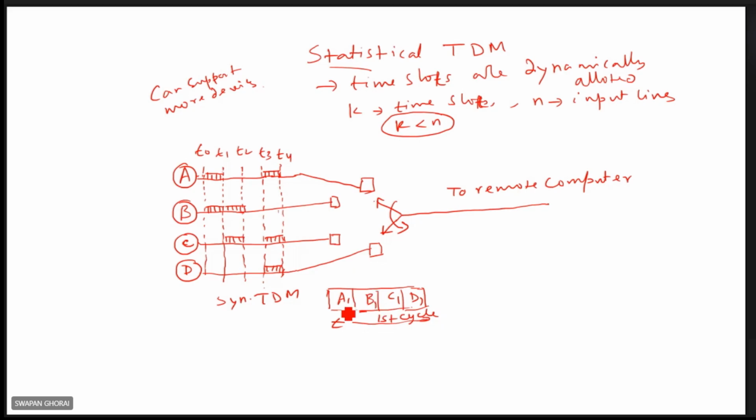Here in the first cycle, you can see A and B have data to send, so these time slots are filled. But these 2 time slots are empty, so they are not assigned, but still they have to be reserved. The next cycle, you see it, the second cycle.